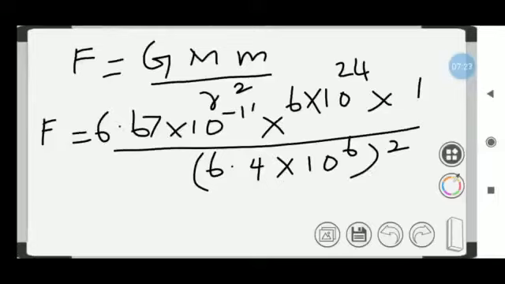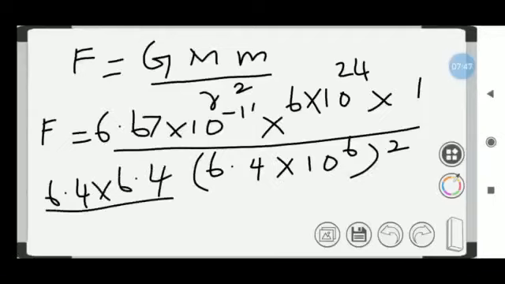Okay, so for this you have to write 6.67 into 10 to the power minus 11, 6 into 10 to the power 24 into 1. If you multiply that value means same value will come. So 6.4 square, what is the 6.4 square? Okay, I will write this here. 6.4 into 6.4, first multiply this value. So 4 into 4 is 16, and here 1, 6 into 4 is 24, 25.